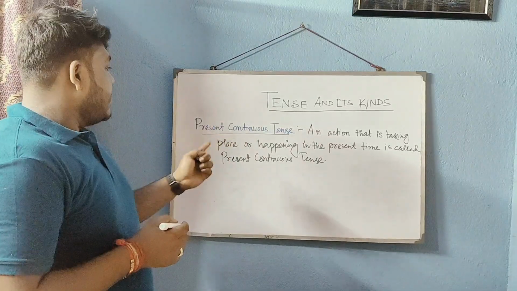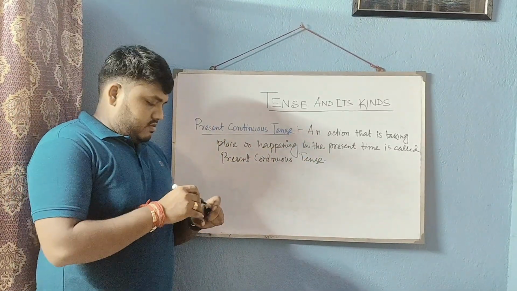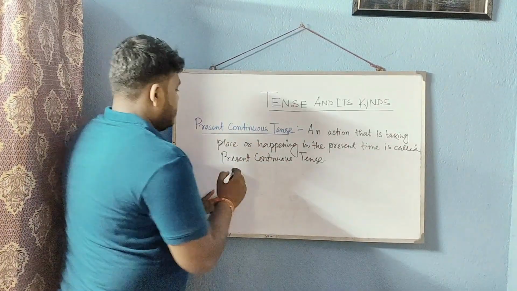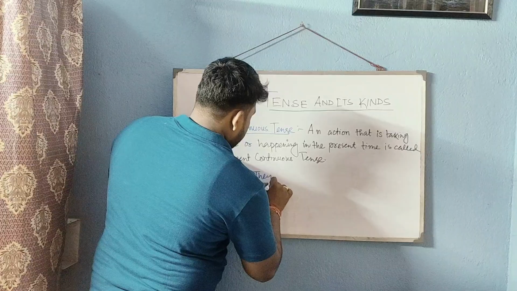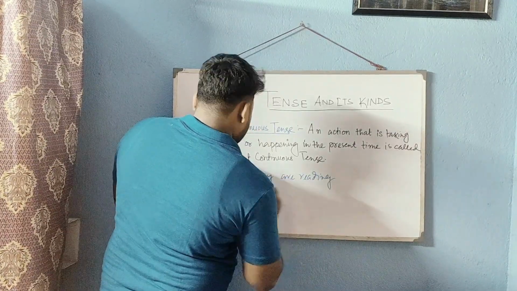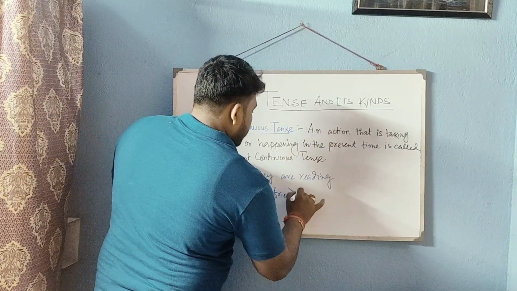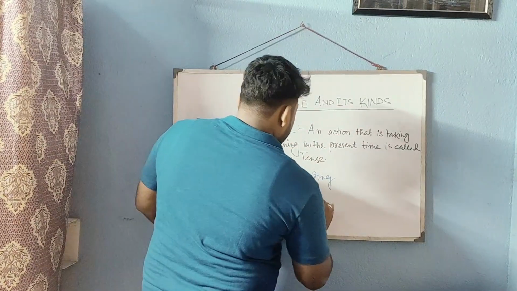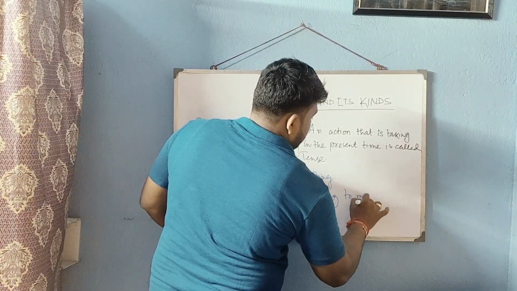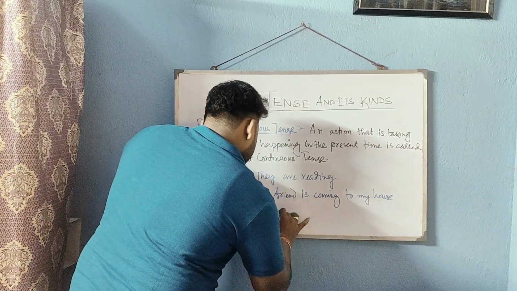So an action that is taking place or happening in the present time is called present continuous tense. For example, they are reading, my friend is coming to my house, we are waiting for the train.